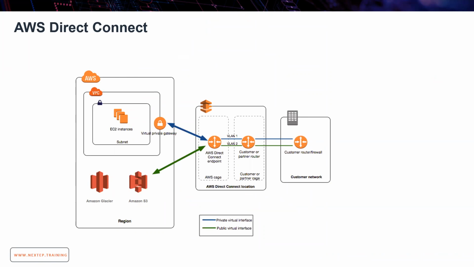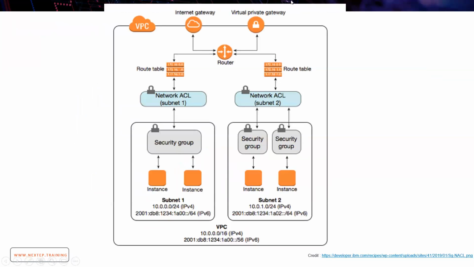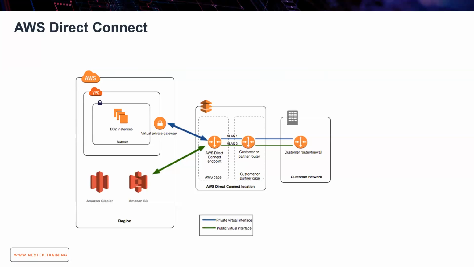One of them is called VPN tunneling, the one I said, where you will have this virtual private gateway, and virtual private gateway is the AWS side of the VPN connection. There is another option here called AWS Direct Connect.